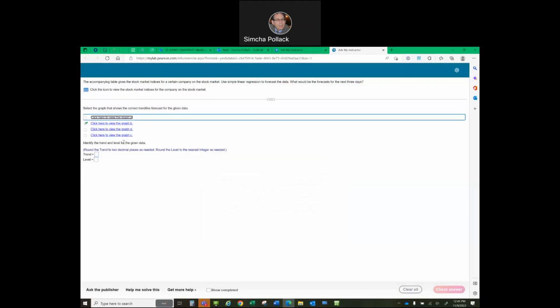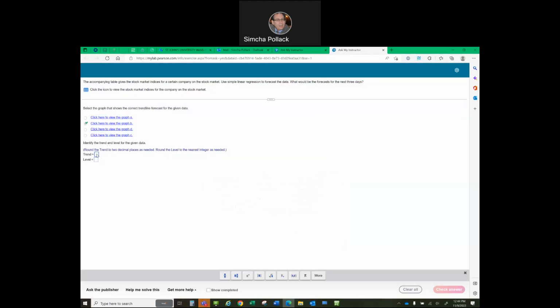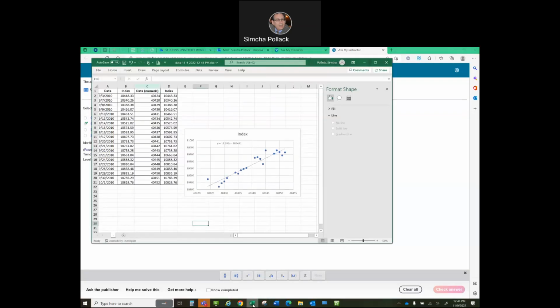Okay, identify the trend and the level. That's the same as the slope and the intercept. Well, the trend in this case was 19 point something. Let's go back to that. All right, 19.19.